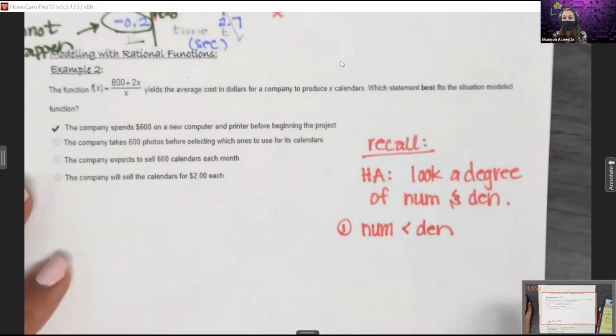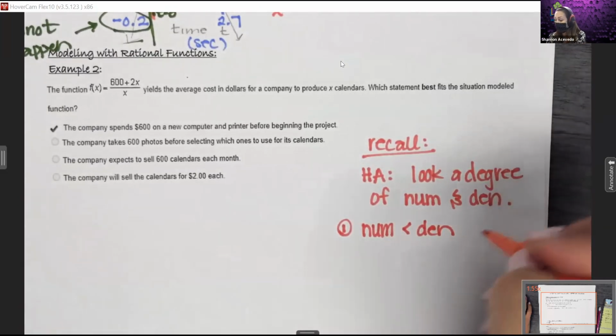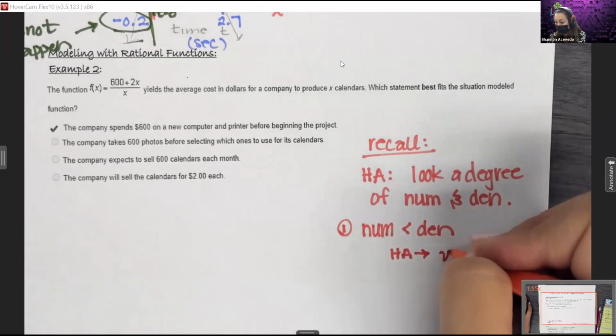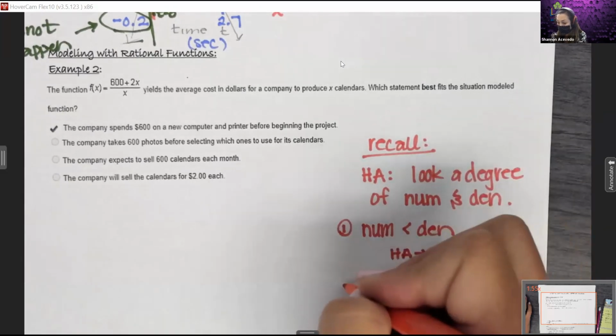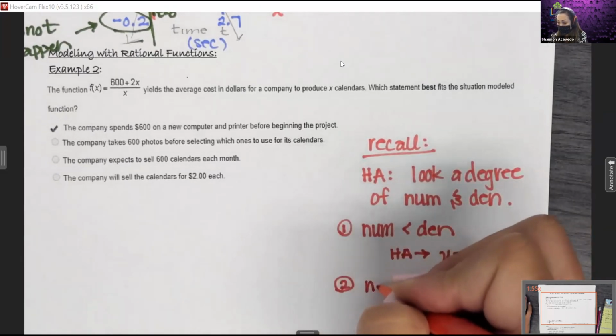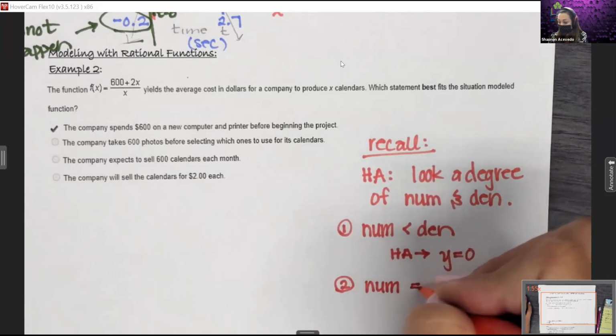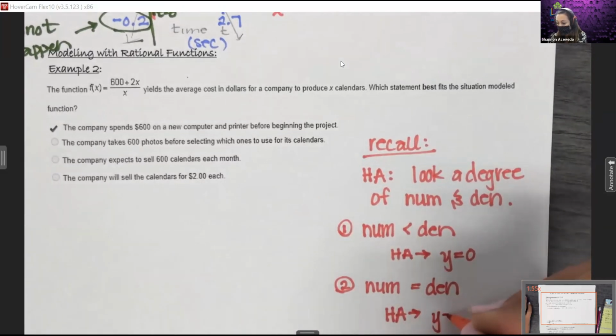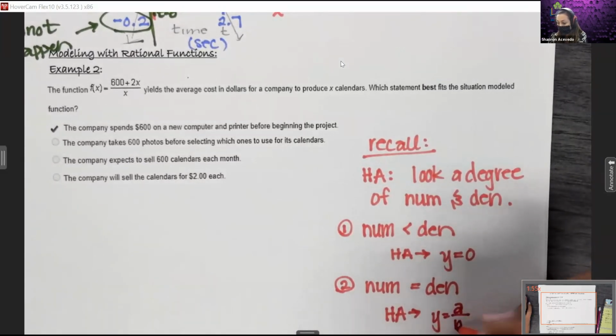If the degree is less than, then your horizontal asymptote is going to be y = 0. The second scenario is when the degree of your numerator is equal to your denominator, then your horizontal asymptote is going to be y equals a over b.